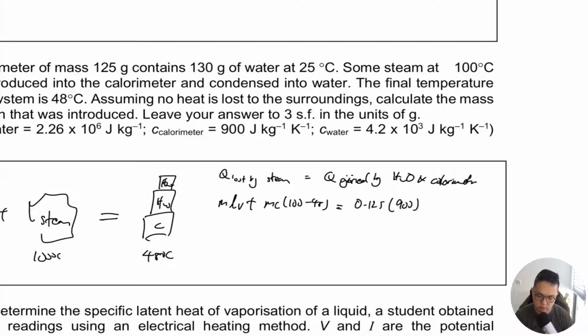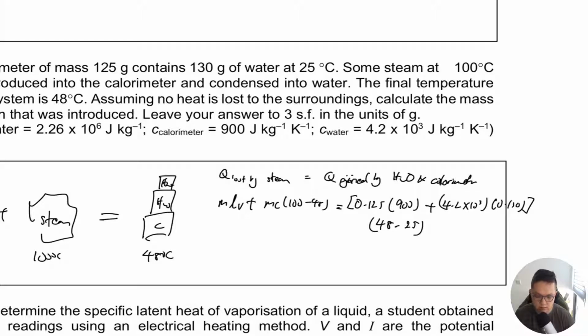Since we can put the change in temperature outside because it's the same, then we do for water: 4.2 times 10 to the power 3, then let me write it at the bottom, 0.130. Then this whole thing is multiplied by 48 minus 25. If you do it this way, you can solve very quickly.